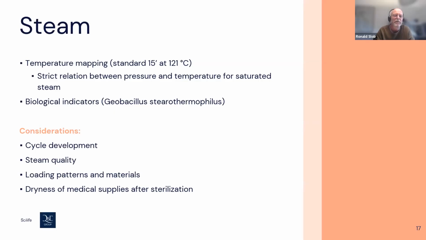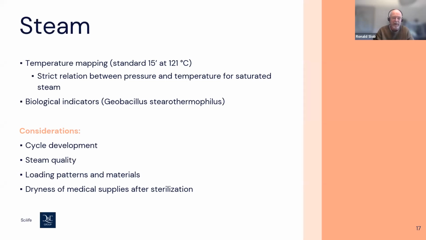You want to have direct relations. You don't want any air inside, because air pockets won't allow the steam to condense. And as I said in the beginning, if you don't have condensation of your steam, then you're missing the major driving force of your energy in steam sterilization.